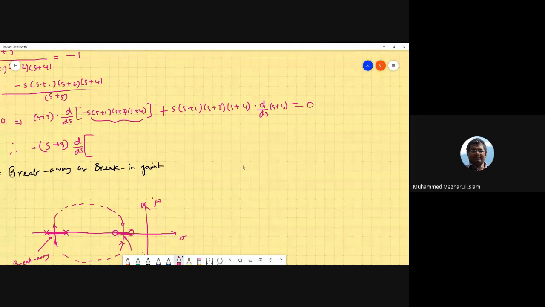You can, if you want, do this in 2 steps: multiply s plus 2 and 4, and then with s into s plus 1. Or you can do this in one step if you remember the formula. S plus a into s plus b into s plus c equals s cube plus s square into, what will it be?